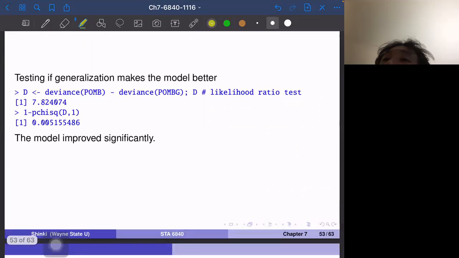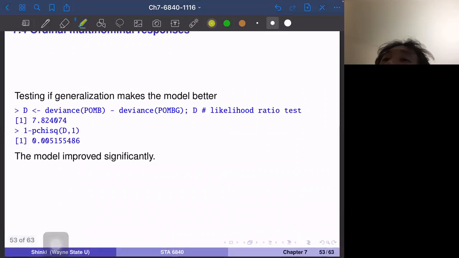And lastly, the testing. This is the generalized model, in this subsection. The first one is the usual, regular proportional odds model.